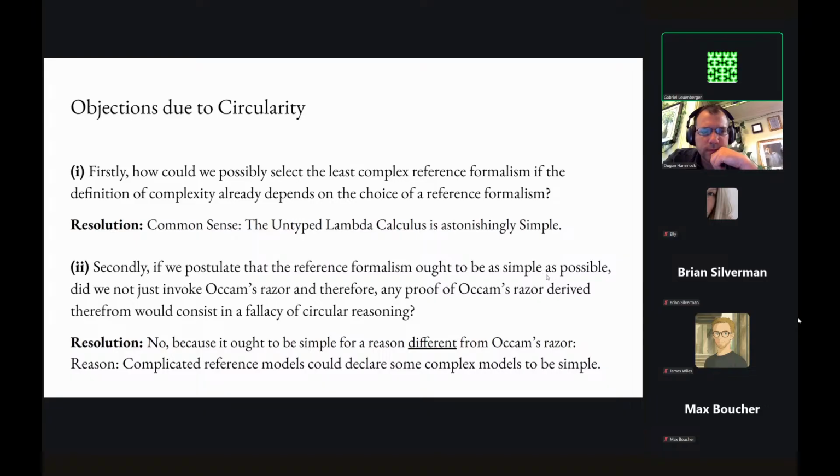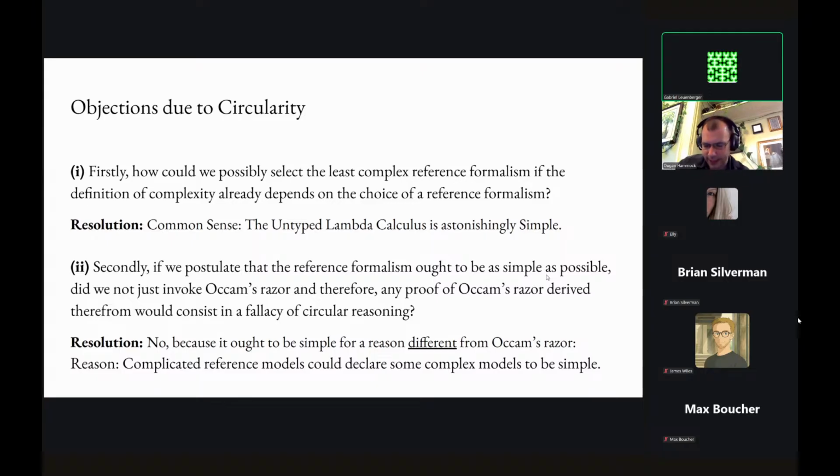If I had a theory that consists of linear algebra, I could say my reference formalism is MATLAB, and in MATLAB my model is very simple, because matrix multiplications are just a couple of symbols, so I can make it very short. But really, it's much more complicated behind the scenes. It's only superficially simple, and behind that there's a bunch of hidden complexity. That would be a cheat code. That would be fraudulent, and we don't want to allow that. So you can argue that the reference formalism should be as simple as possible, so no extra information can be sneaked in.